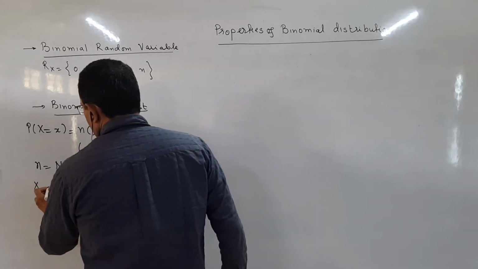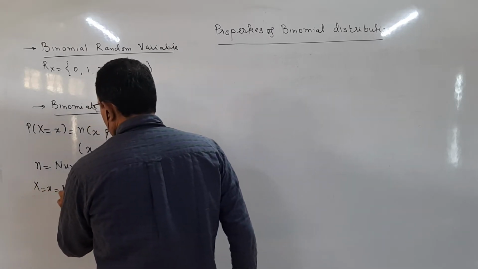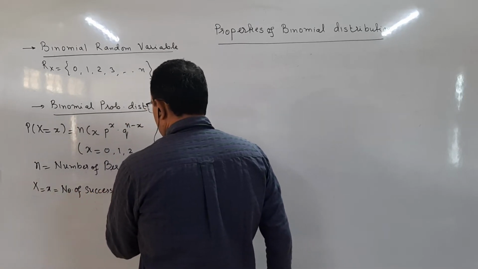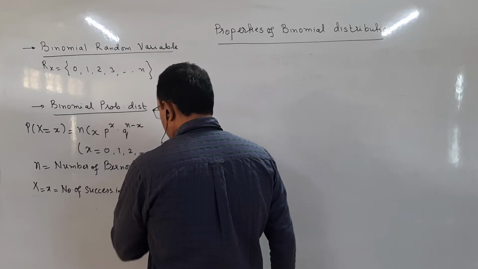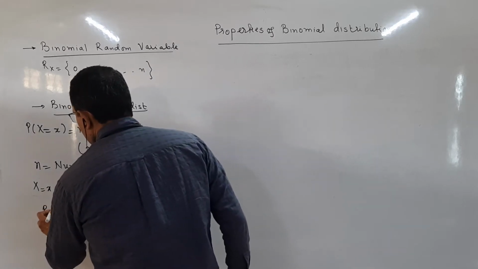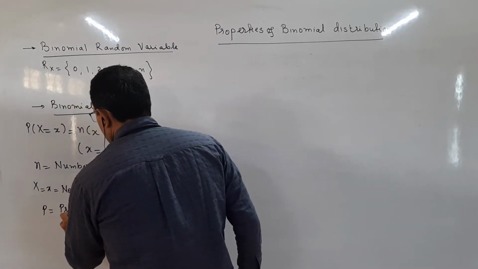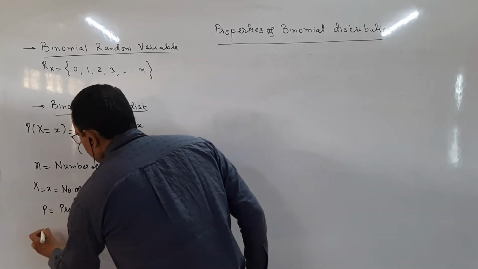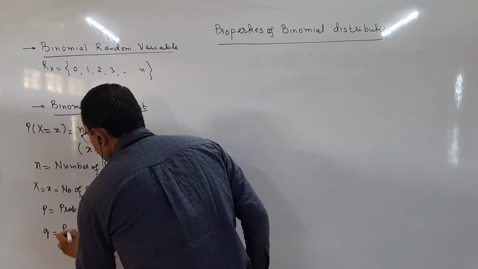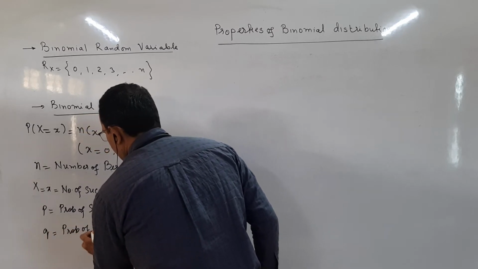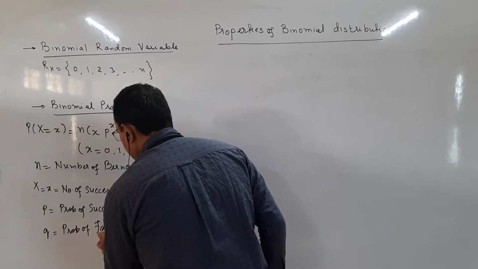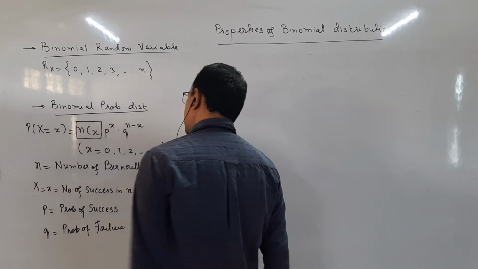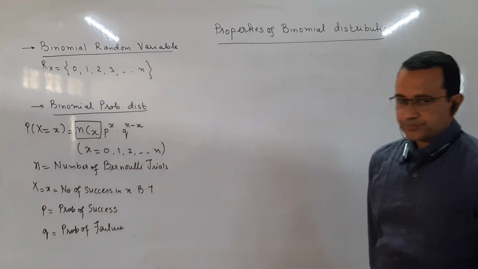Capital X is equal to small x is equal to number of successes in n Bernoulli trials. p is nothing but probability of success event, and q is nothing but probability of failure, while nCx is a combination term that could be easily understood.